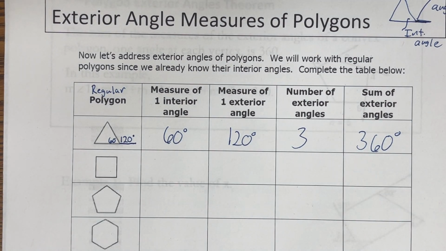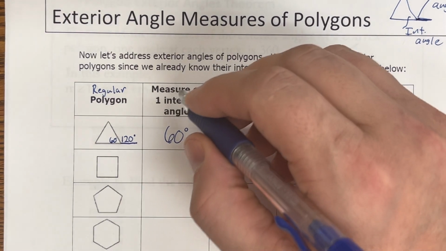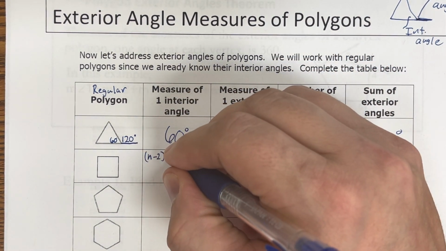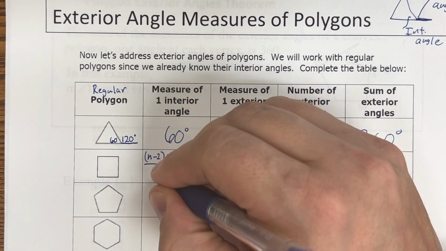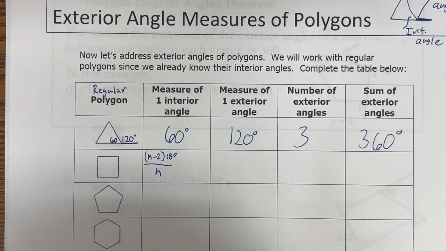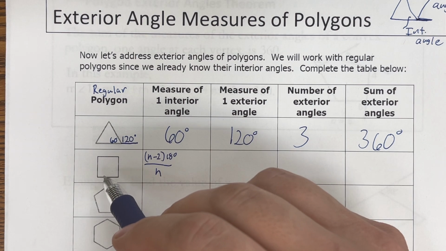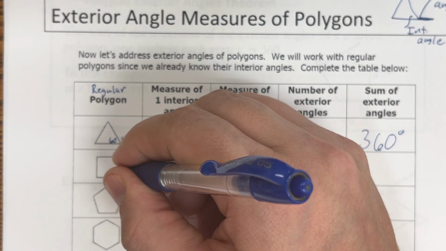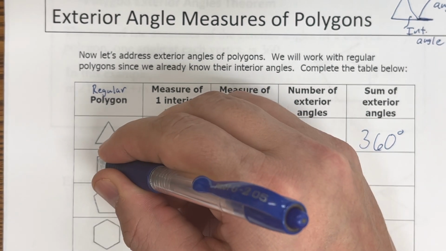Okay, now, with a four-sided figure, for us to calculate that, we would take n minus 2 times 180 and divide it by the number of sides, which is 4. Now again, for a regular quadrilateral, hopefully we would know that each angle has to be 90 degrees because it's a square.